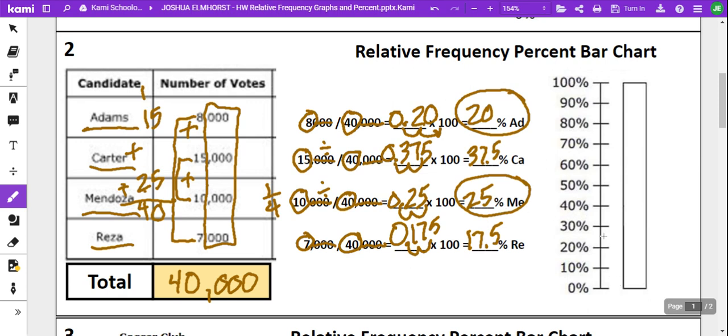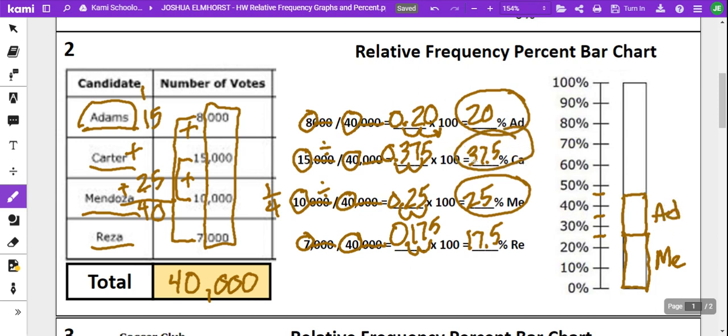So we go up here, 25. That's Mendoza. And then we have 20% is going to be Adams. So we're going to go up 10, 20. So that's going to be Adams.